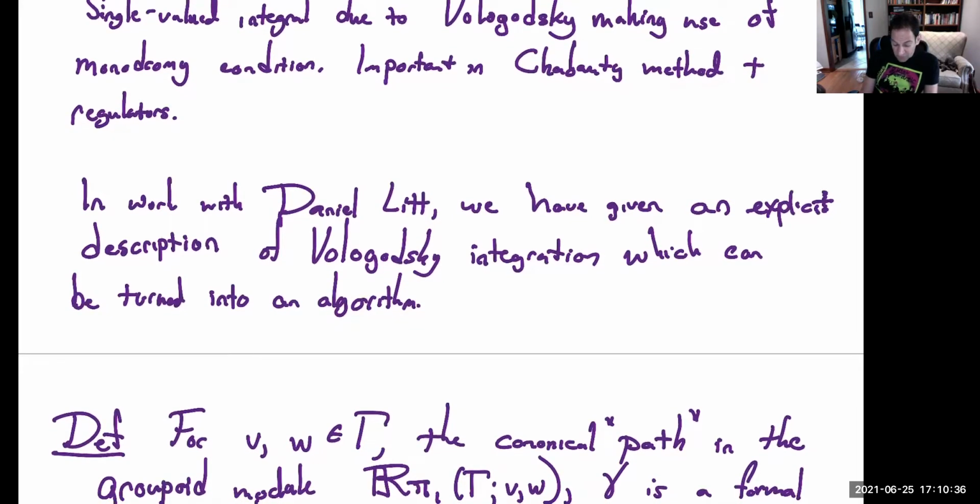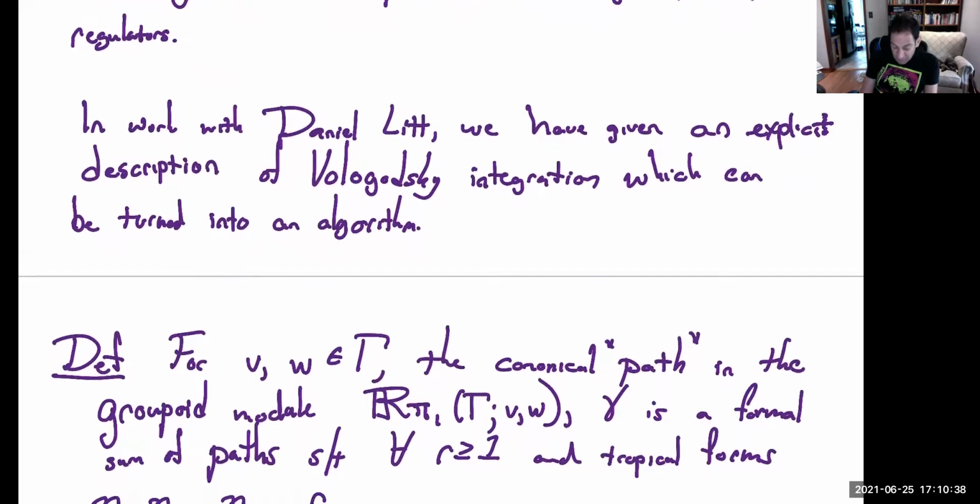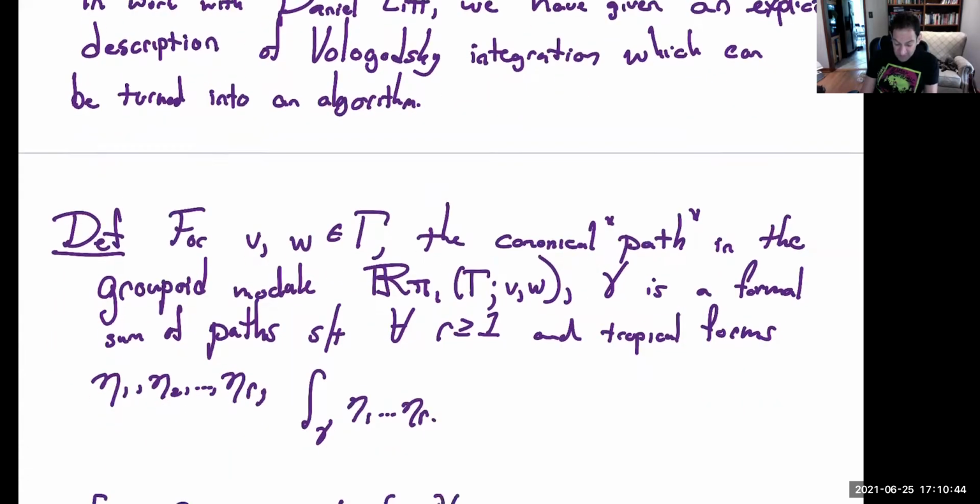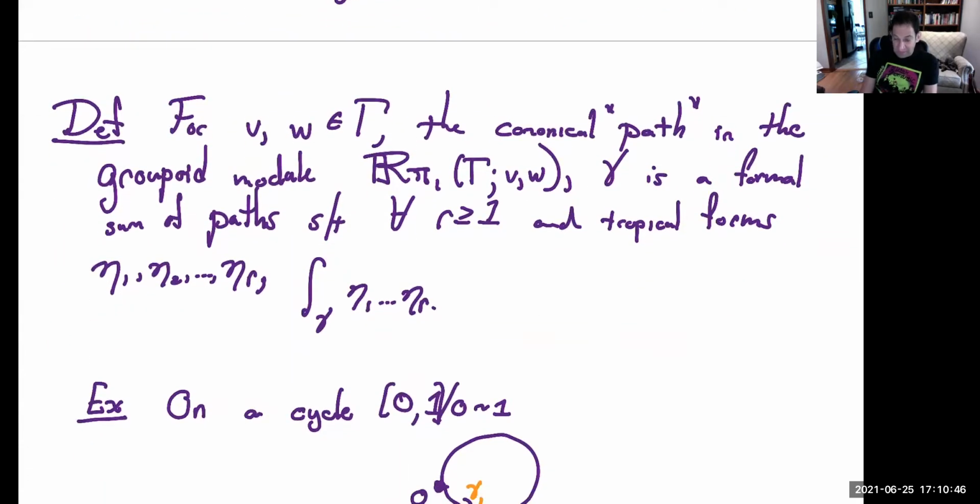So this has been studied in work of Hain and Pulte. In work with Daniel Litt, we've given an explicit description of the Vologodsky integrals, and this can be turned into an algorithm, which I'm hoping to do shortly. And the idea is to try to pick out a canonical path in the dual graph. Now, it won't really be a path.